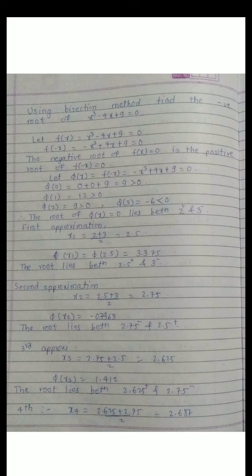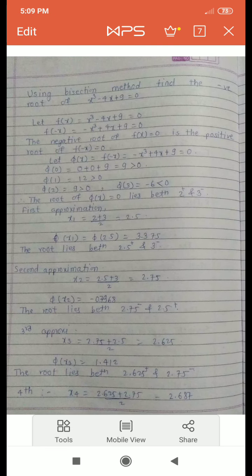If we take x equal to 2, we get phi of 2 equal to 9, which is also greater than 0. Again we have to choose x equal to 3. If we replace x equal to 3, we get phi of 3 equal to minus 6, which is less than 0. Here phi of 2 is positive and phi of 3 is negative. They are of opposite signs. Therefore the root of phi of x lies between 2 and 3.